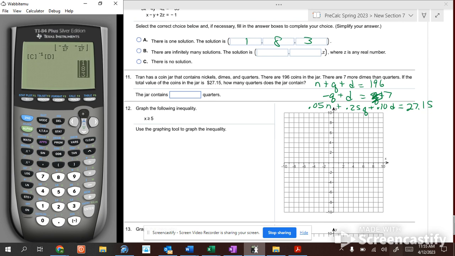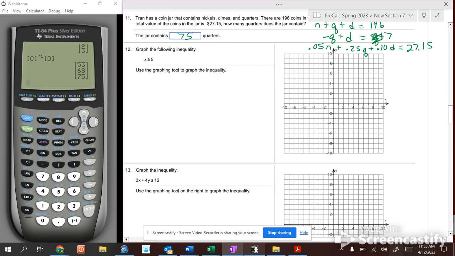And then just take these two, do the math. I should have 53 nickels, 68 dimes, and 75 quarters. And all I needed was 75 quarters.